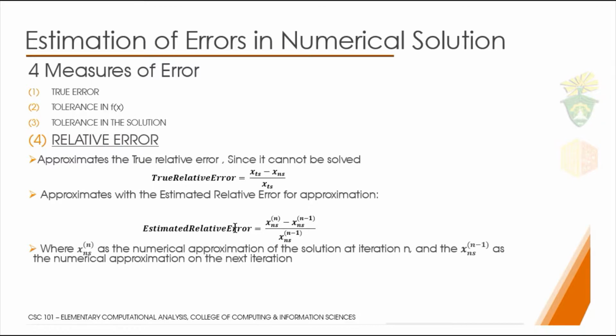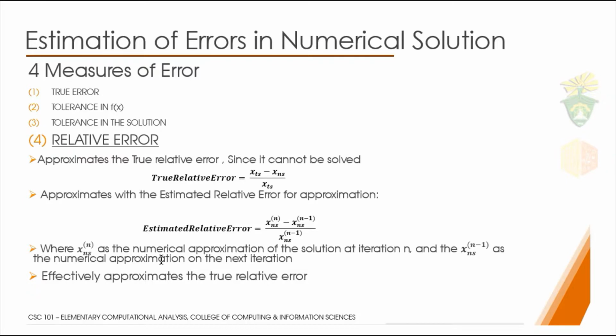So in each iteration, we compute the estimated relative error and monitor if this gets closer and closer to zero. That means the error gets lesser and lesser as the iteration continues. Basically, an estimated numerical approximation gets closer to the true solution, just like what I've said.